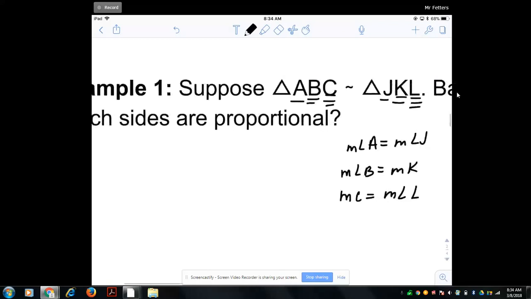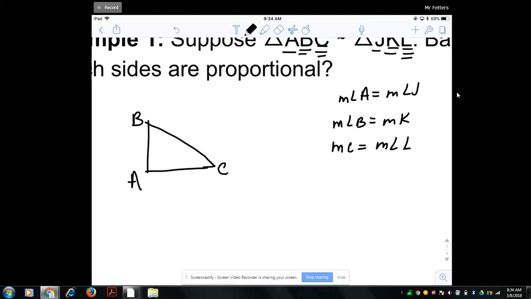Okay, now I could actually draw this triangle out. I don't know if these are the right numbers or the right shape, but it doesn't make a difference. I could just do it for the sake of showing you guys how to do this.